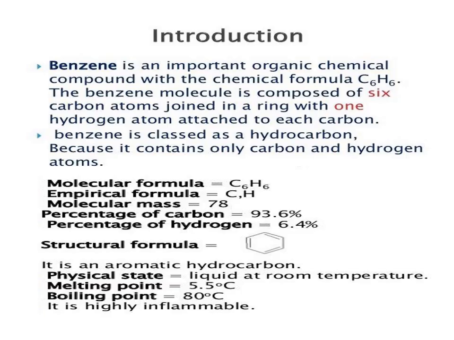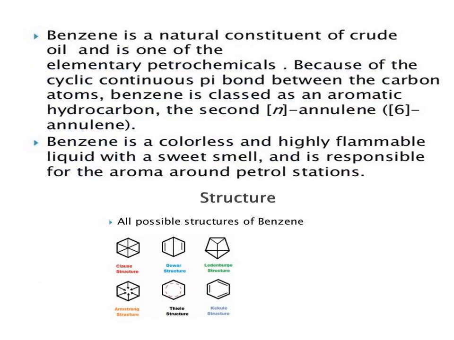The molecular formula is C6H6. Empirical formula is CH. Molecular mass is 78. Percentage of carbon is 93.6%. Percentage of hydrogen is 6.4%. This is the structural formula. The physical state is liquid. Melting point is 5.5 degrees, boiling point is 80 degrees, and it is flammable.